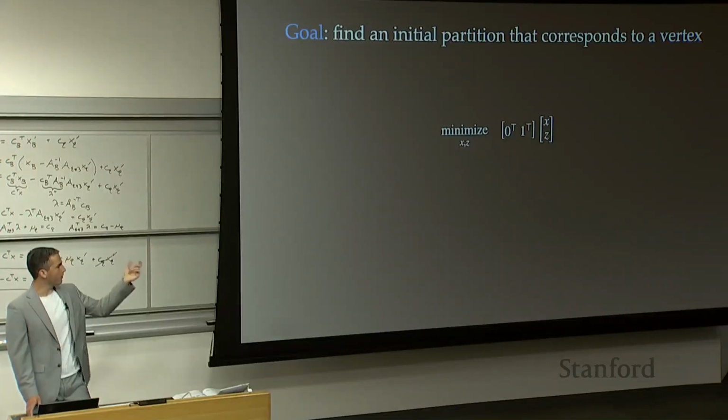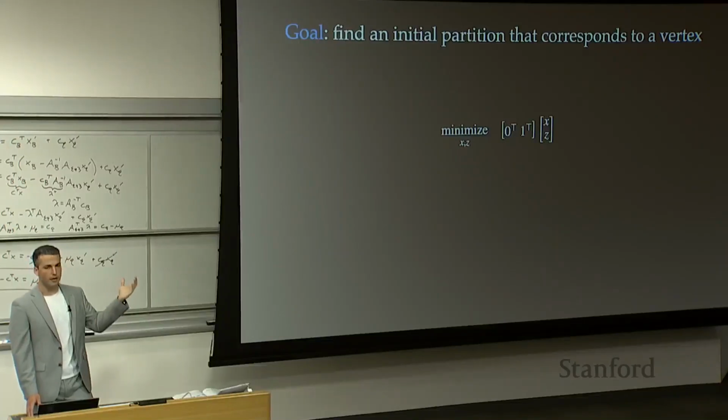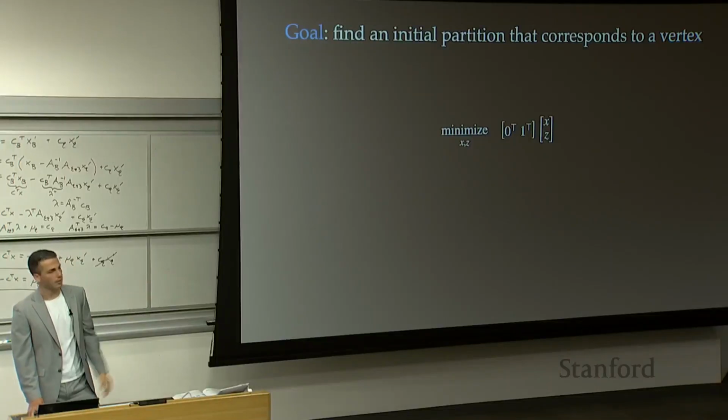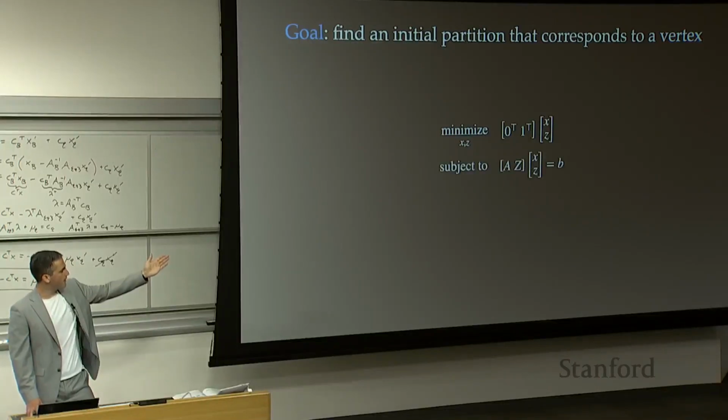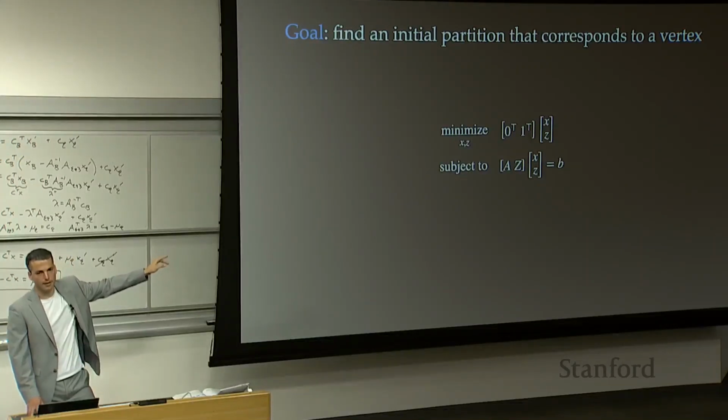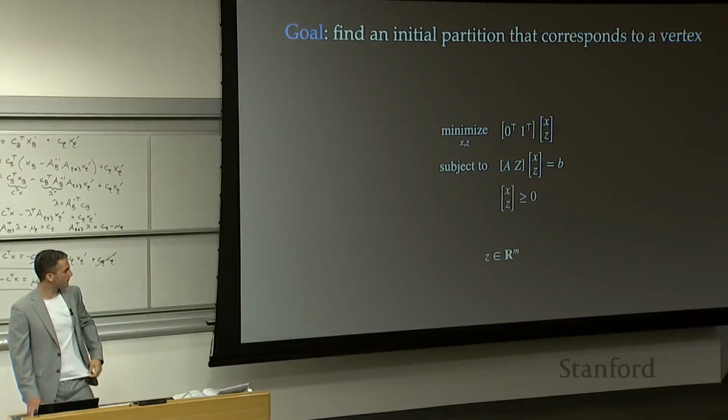So we're introducing these z variables, and our goal is that if we've truly solved this first one and it's a feasible problem, the z's should be 0. So we want to minimize the z's subject to this Ax plus Zz term equal to b. We'll talk about what this Z matrix is in a second. Then we also have the constraint that x and z are greater than or equal to 0.